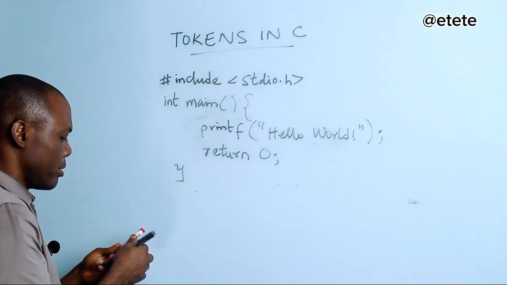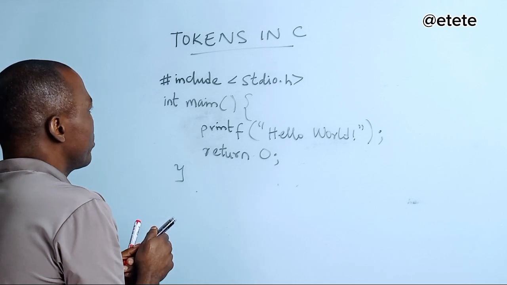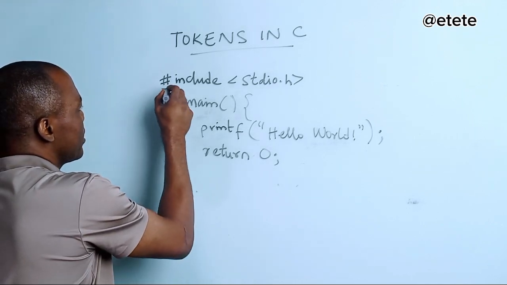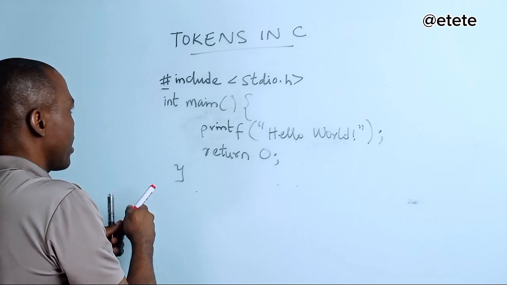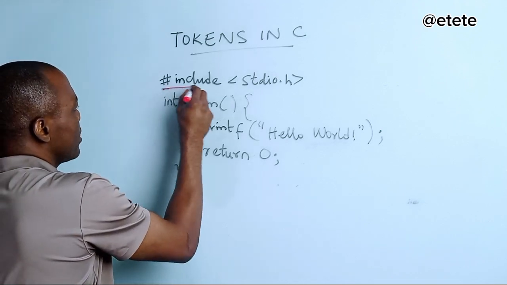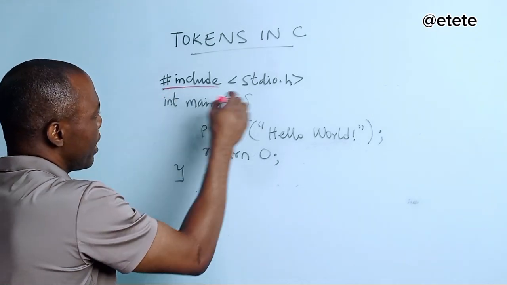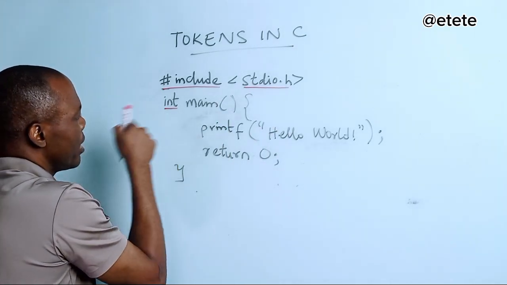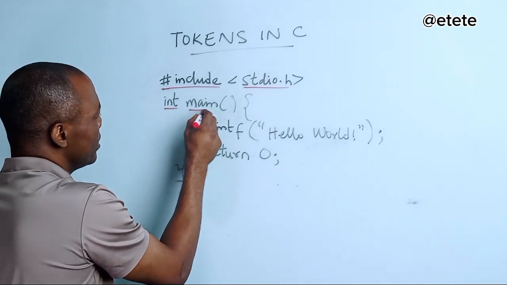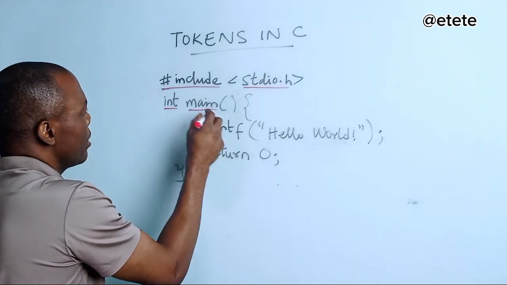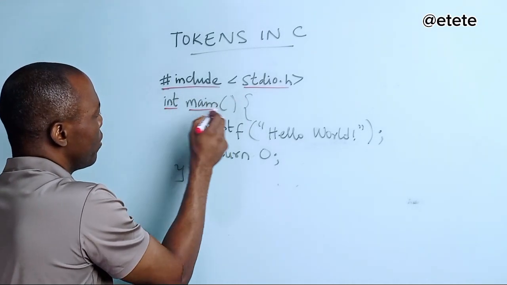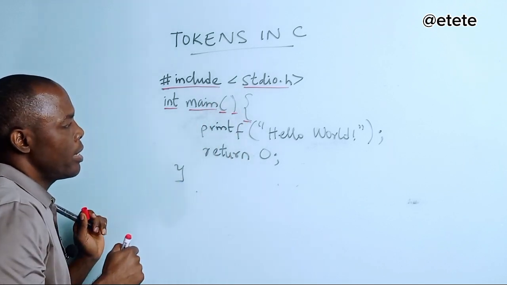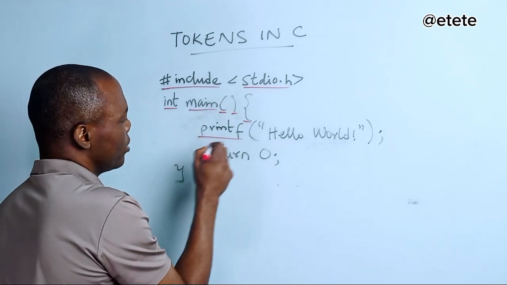So if you look at this, if we count this as a token, this is another token. This is another token. This is another token. So 1, 2, 3, 4. This is a token. This is a token. This is a token, right? Now this is a token.